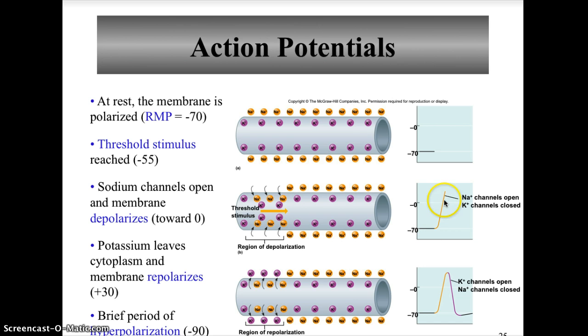The sodium channel opens, potassium channel is closed, and now you start to reach that threshold, and then it starts to repolarize itself, and that's where you have the potassium channels opening and the sodium channels closed, and then you come down below that negative 70 millivolts, and because you are further negative, that is hyperpolarization, until eventually you restore it back to its resting membrane potential. So it'll eventually come back to that negative 70 millivolts there in the diagram.